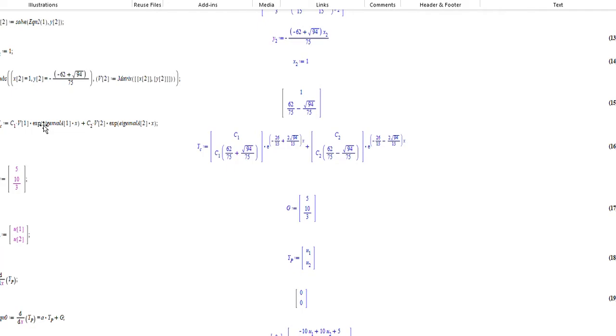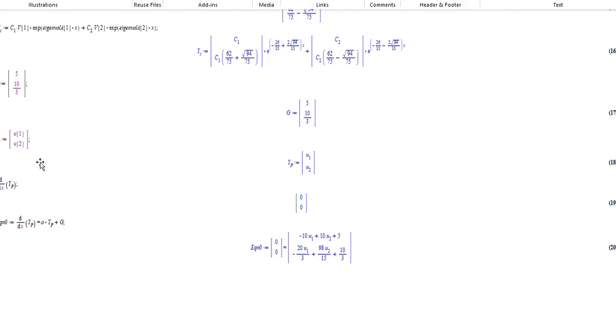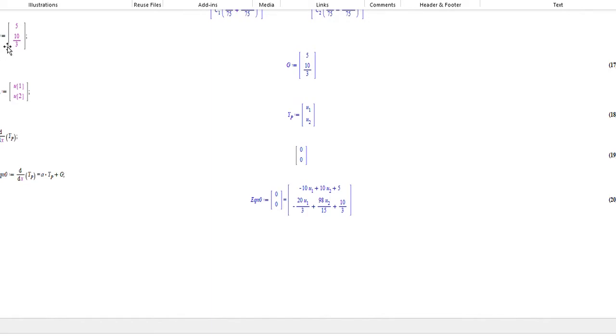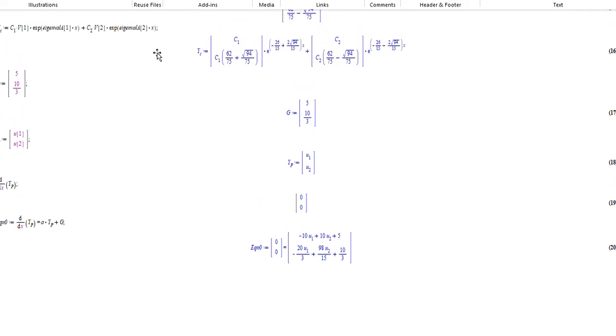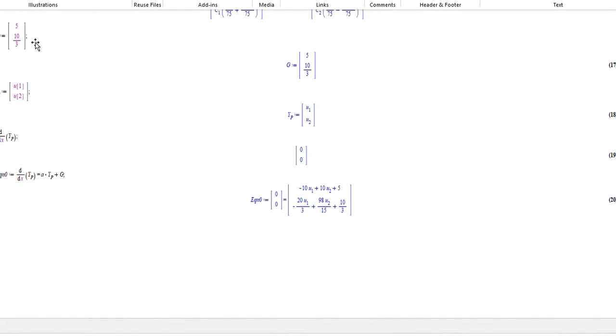We got two values of lambda, negative 0.5 and negative 3.0 from here. Okay. So this part is answering question 3a.